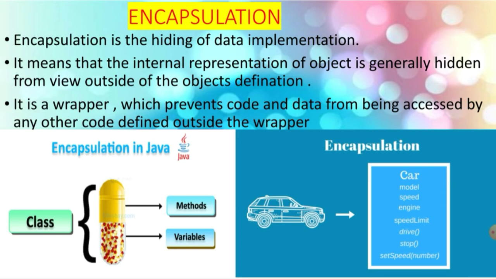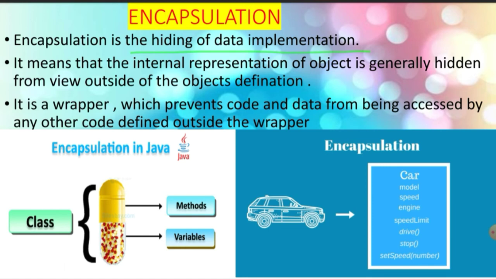Now, encapsulation. Encapsulation is the hiding of data implementation. This is the definition of encapsulation for ICSE 10 and ICSE 9. As I told you, you have to go through your textbook and learn the definitions, but you can understand the concept very well from this video. Encapsulation is the hiding of data implementation. It means that internal representation of an object is generally hidden from view outside of the object's definition. Like we say a car, but we don't say model, speed, engine, speed limit, drive, stop, all this we don't say.